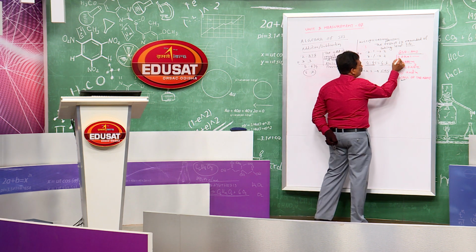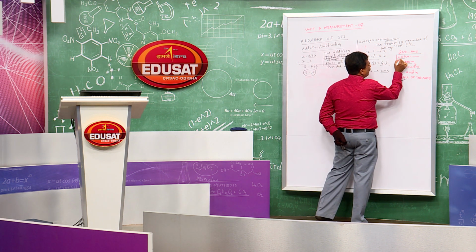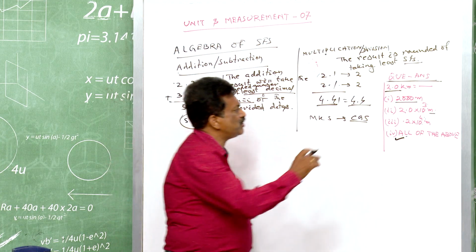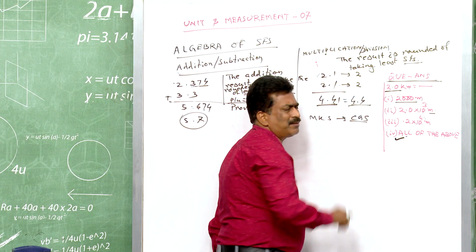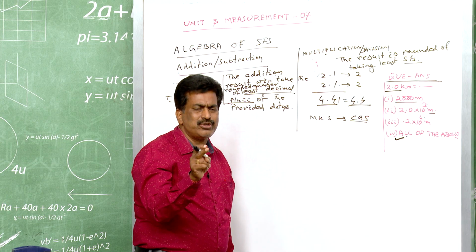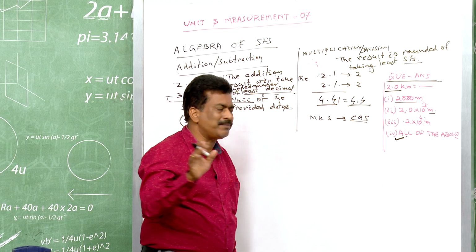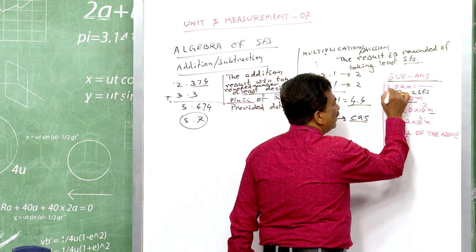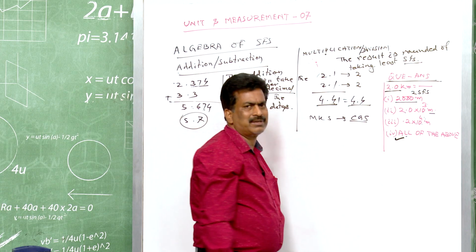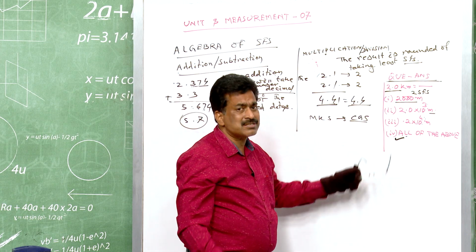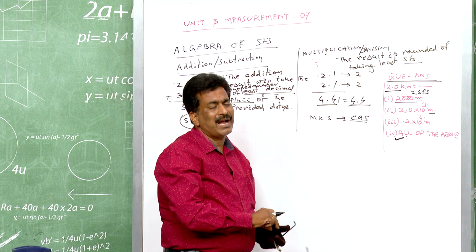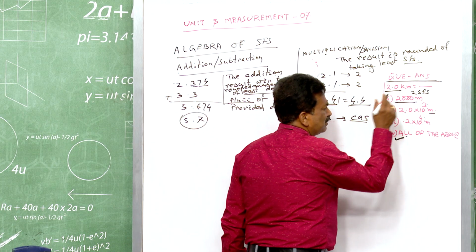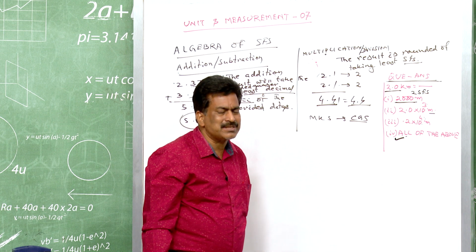You see 2.0, how many significant figures does it have? We already discussed: the 0 is coming after the decimal, and a 0 coming after the decimal is significant. So it has 2 significant figures. Means in all the answers you have to find that it has 2 significant figures. For 2000, how many significant figures will it have?